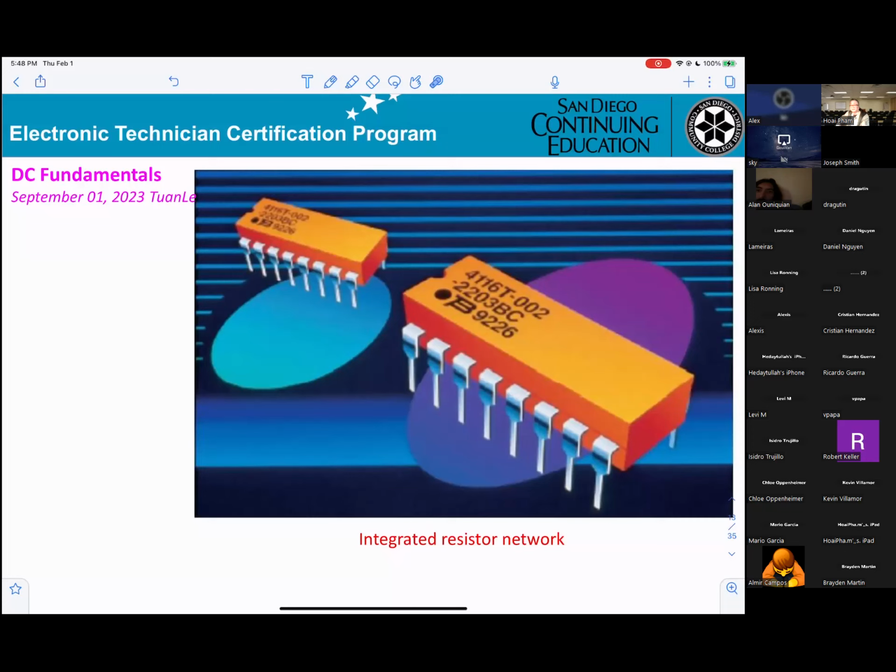I said 7. You have to count from here, not here. You see the dot here? That needs to be connected either to power, or the other side will be to ground. But they're not resistors on the first one, only 7.